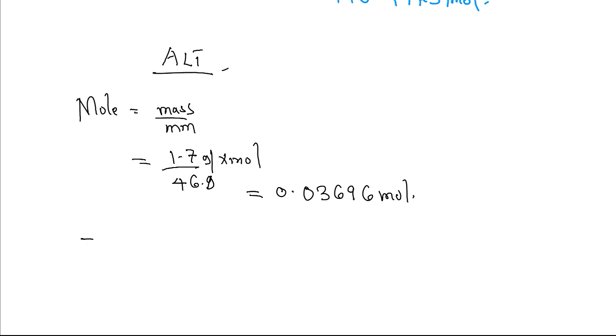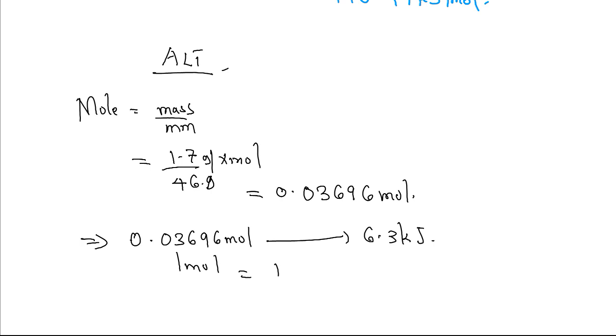So this implies that it is 0.03696 mole that produces 6.3 kilojoule. What about 1 mole? So that is 1 times 6.3 kilojoule divided by 0.03696 mole.